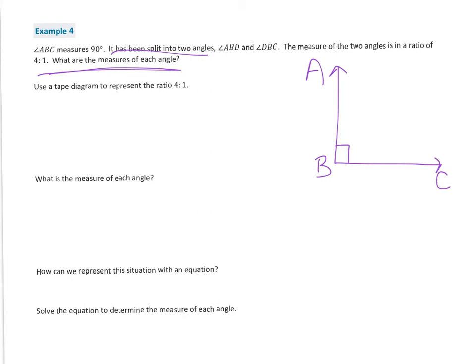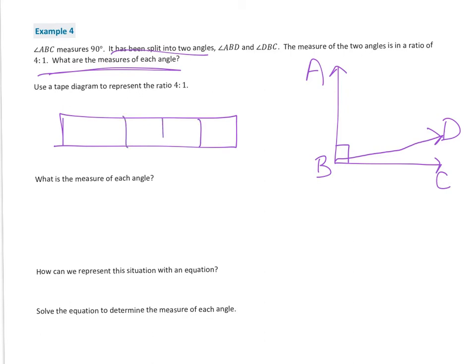Okay, so one is 4 times bigger than the other. So here's a tape diagram to represent 4 to 1. I'm going to say 4 blue and 1 white.